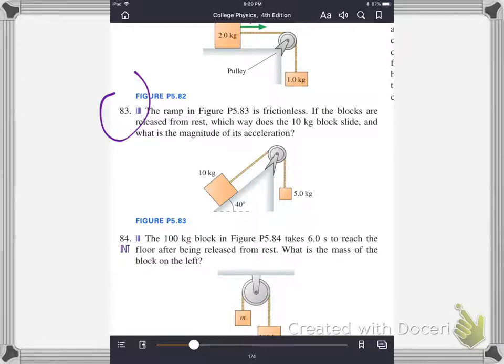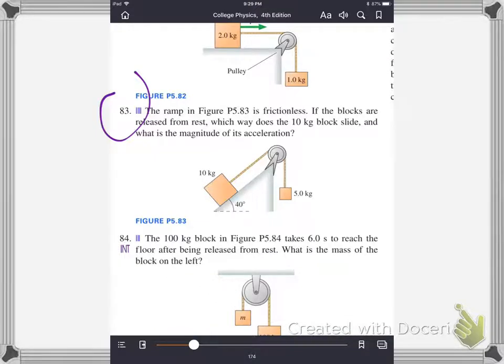An Atwood machine is a general description for two objects connected to each other with one rope going through a pulley. Okay, if the blocks are released from rest, that means basically your hand would be keeping them stationary.